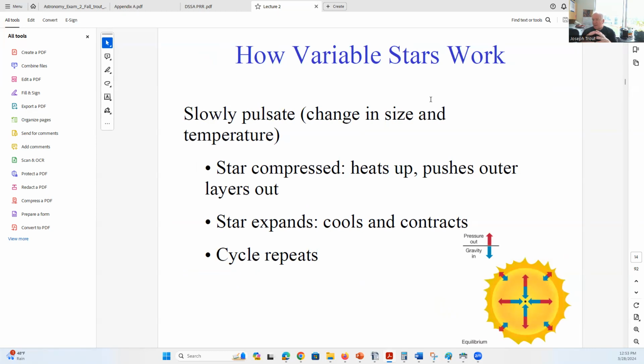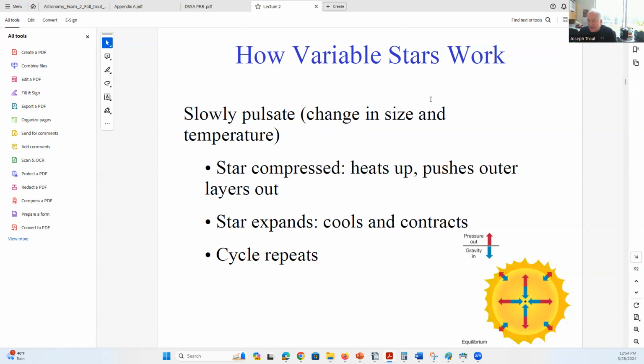So don't forget, what holds the star together is that gravity's pulling in and pressure's pushing out. And they're usually in balance, like in our sun right now. Our sun stays pretty much the same size, so the pressure force pushing out equals the gravitational force that's trying to pull in.